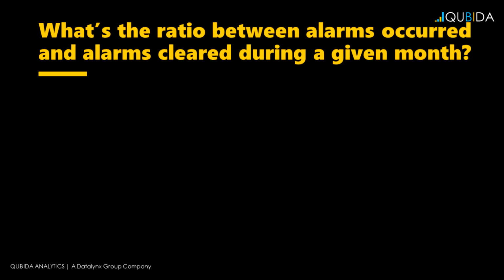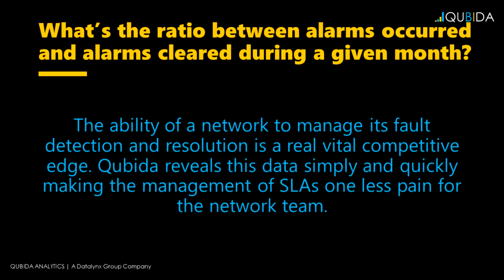What's the ratio between alarms occurred and alarms cleared during a given month? Well, the ability of a network to manage its fault detection and resolution is a real vital competitive edge. And Qubida allows a network to get that edge, revealing the data simply and quickly, making the management of SLAs one less pain for the network team to worry about.